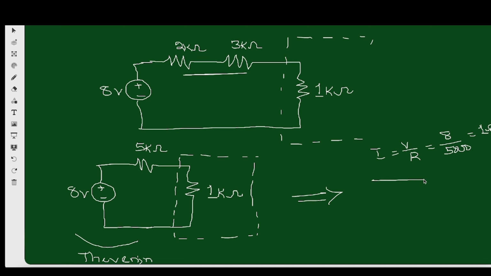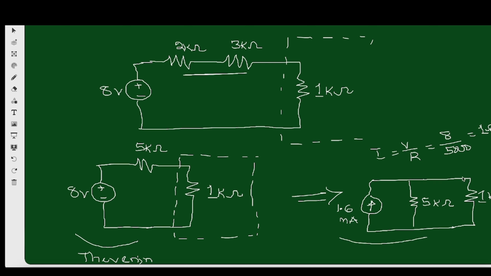So if I should draw that, we have a current source here, then of course the load resistor here, which is 1 kilo ohm, then I have 5 kilo ohms here, then of course the current source, which is 1.6 milliamperes. So this is a Norton network.